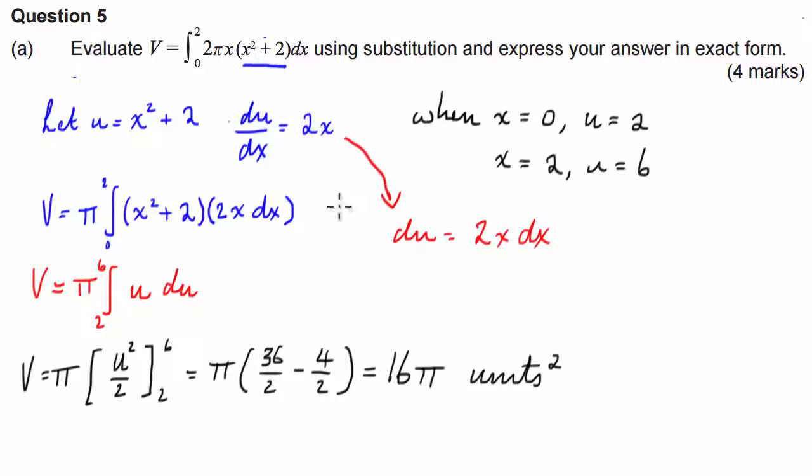We were able to see that 2x dx could be obtained using this differential that we got before, and we were able to substitute the 2x dx for du. Once we had all that, and we changed our boundaries of integration based on what u is when x is equal to the original boundaries of integration, we were able just to evaluate the integral like normal and find the solution that we would have got if we had stuck this into our calculators.